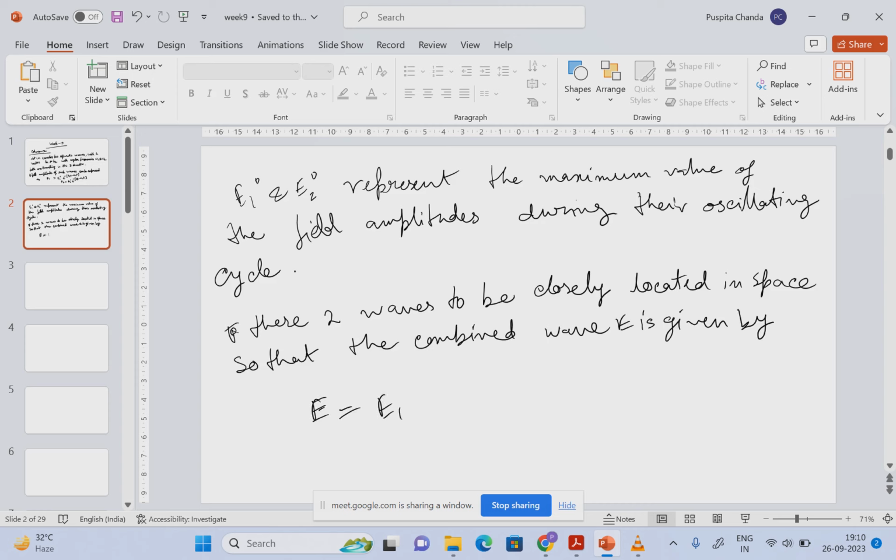is equal to E1 naught e to the power minus i.